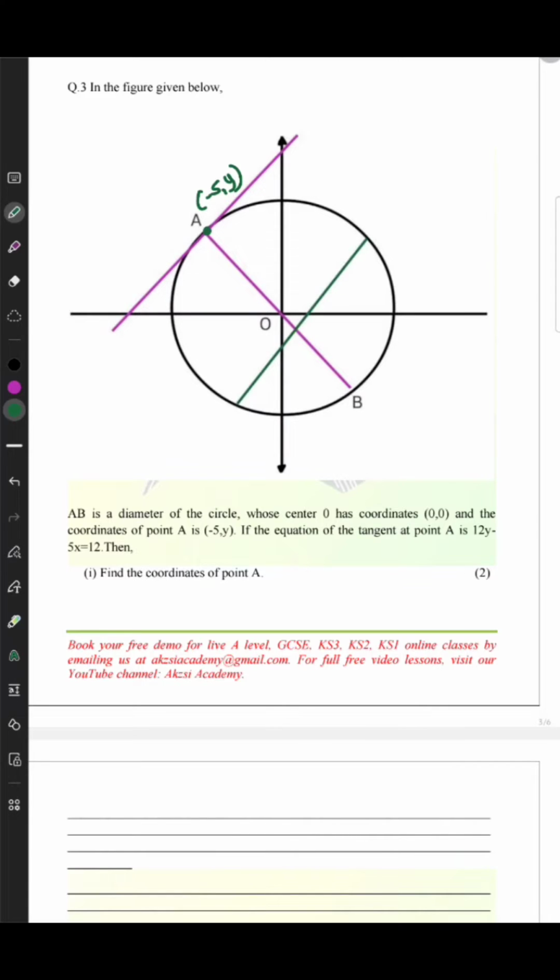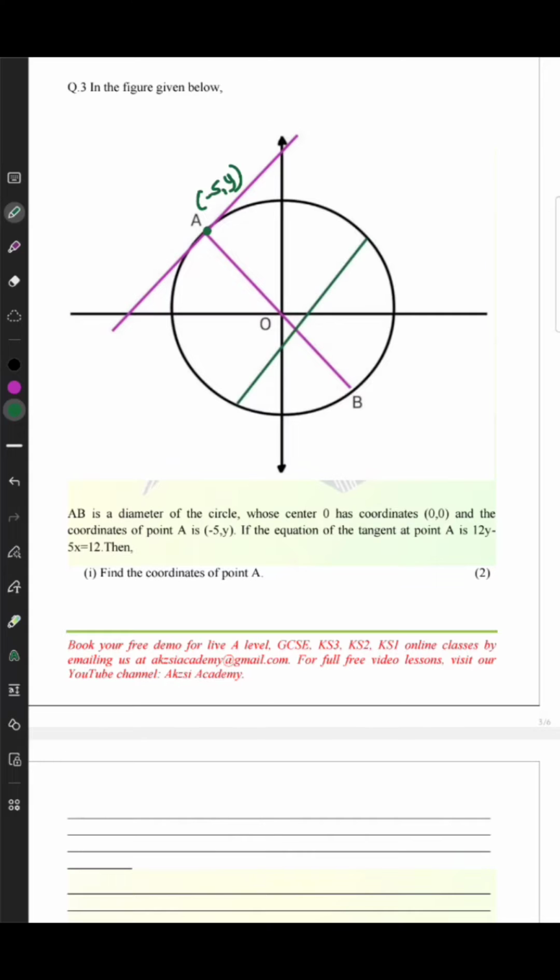If the equation of the tangent at point A is 12y minus 5x equals 12, then find the coordinates of the point A. So for point A, we have only x, we don't have y. It's very easy. If we have the equation of the circle, or the equation of the tangent, and a point is lying on that curve, the point will satisfy that equation, because each equation tells you the relationship between x and y for every coordinate.